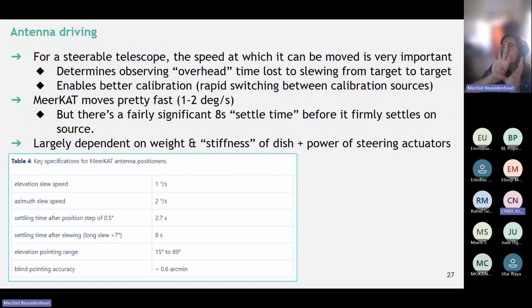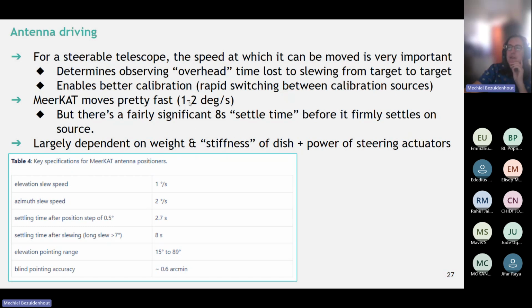And the slower it moves, the more time you lose moving from target to target. But if you have a very fast slewing, it enables you to do better calibration because you can rapidly switch between calibration sources. Now, Meerkat moves pretty fast, around 1 to 2 degrees per second.